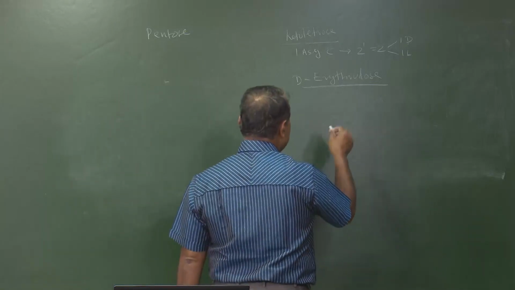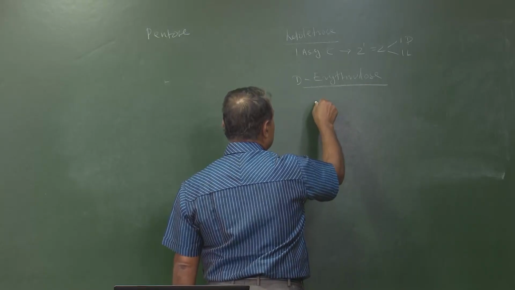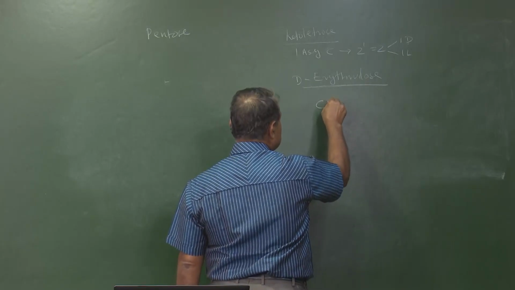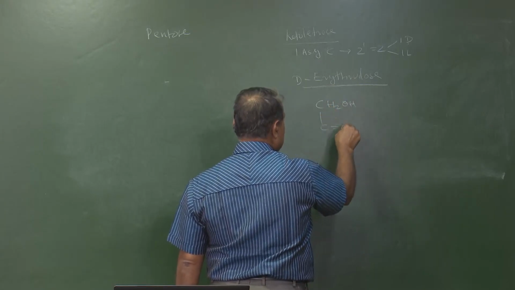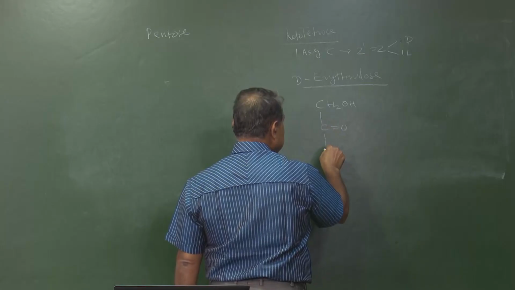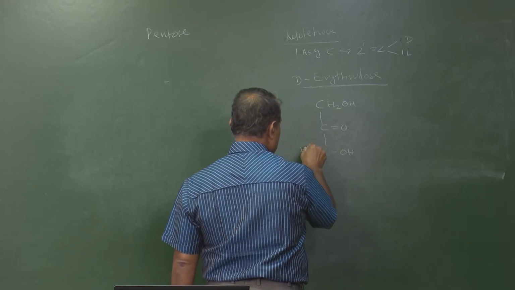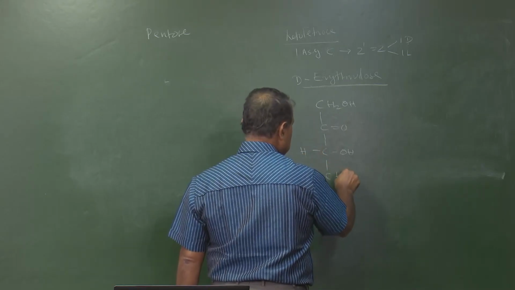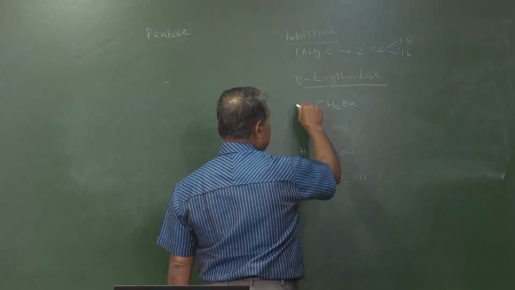So what is the structure of erythrulose? It's again very simple. It is CH2OH, C double bond O, then here you will have the rest. This is your D-erythrulose.